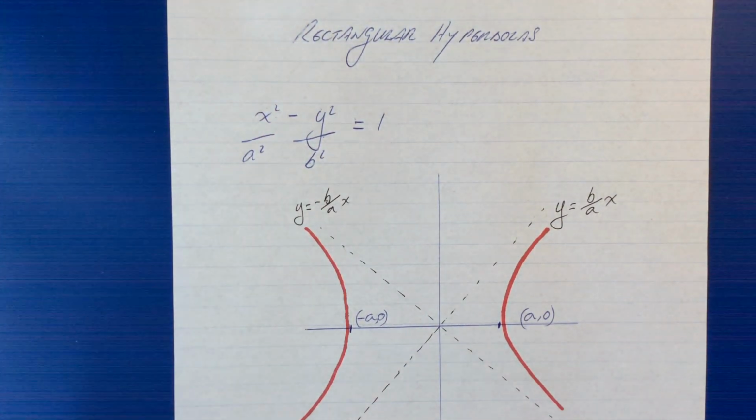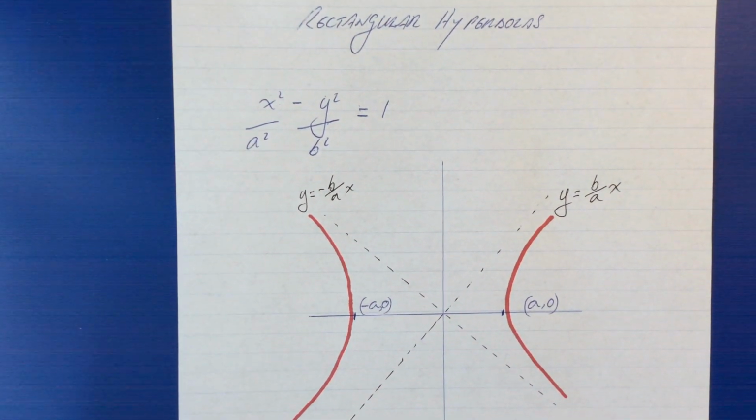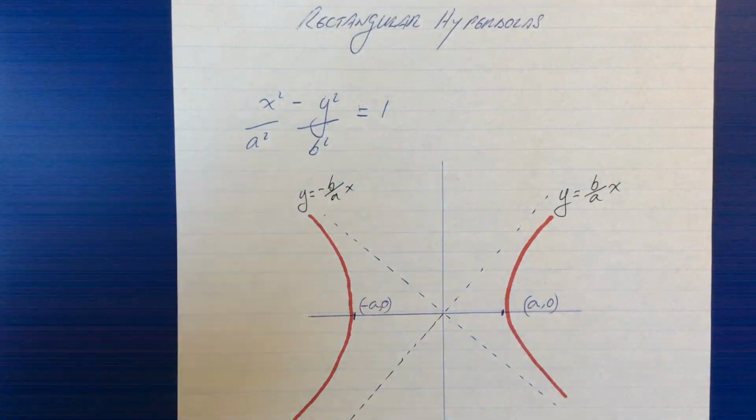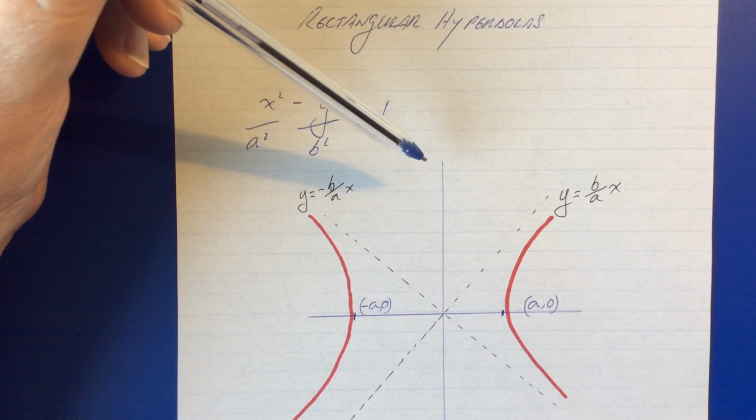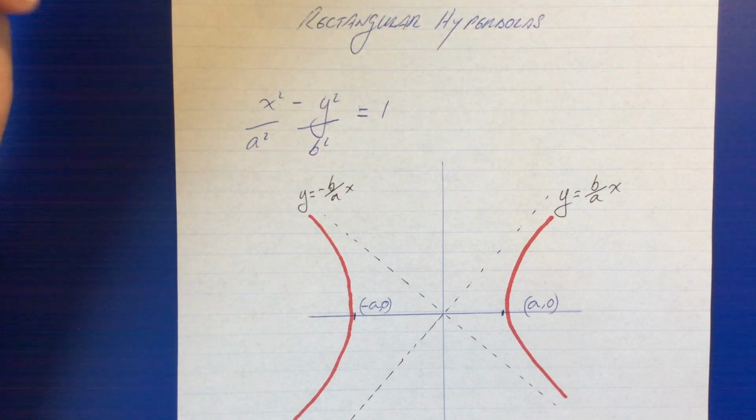Well, I think the first thing to say is that these hyperbolas, surprise, surprise, have asymptotes. And if you're used to the hyperbolas that you might see in some maths books at high school, these look different.